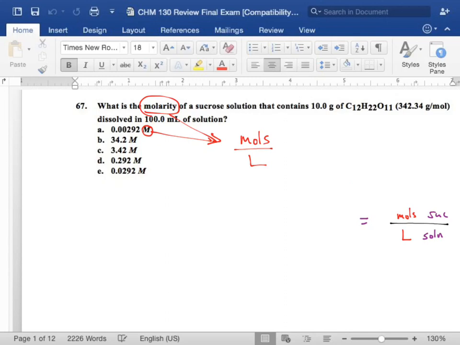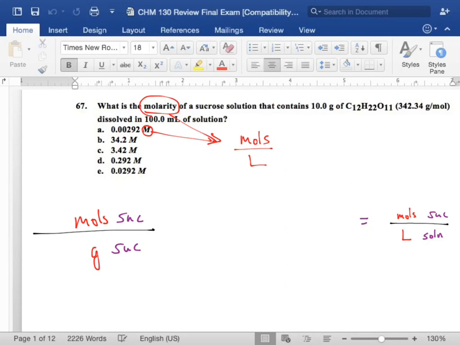I could get it from the grams using the periodic table. So moles of sucrose can be related to the grams of sucrose. Why did I write that up? Well, I want moles of sucrose in the numerator. That's why I wrote it that way.